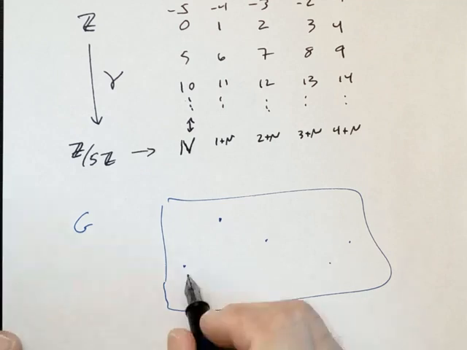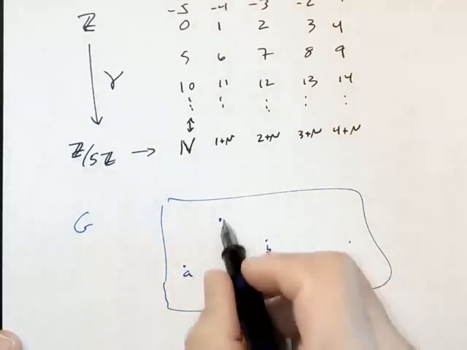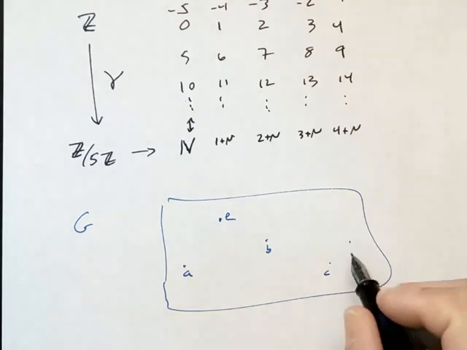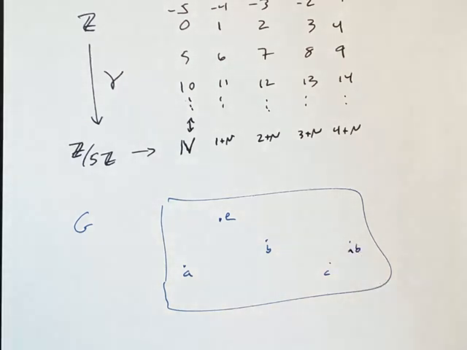One of those things might be the element A. One of those things might be the element B. Somewhere in here's the identity. All sorts of elements live in here, right? G is a group that's closed. So somewhere in here is the product AB.